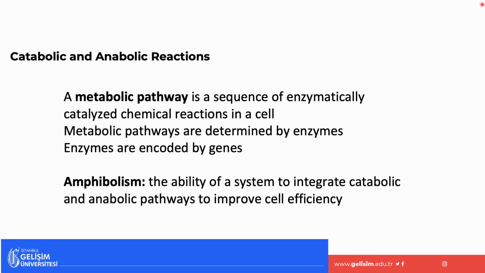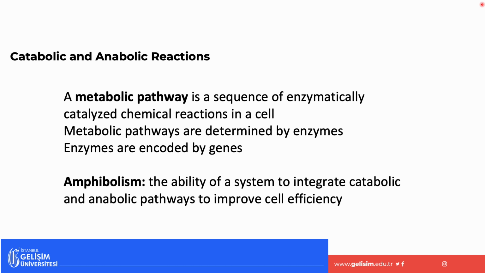Okay, so to give an example, if you have a disaccharide or a polysaccharide for that matter, large sugars, and you break them down into glucose monomers, that would be going from large to small. Okay, so this is an example of a catabolic pathway. Right?